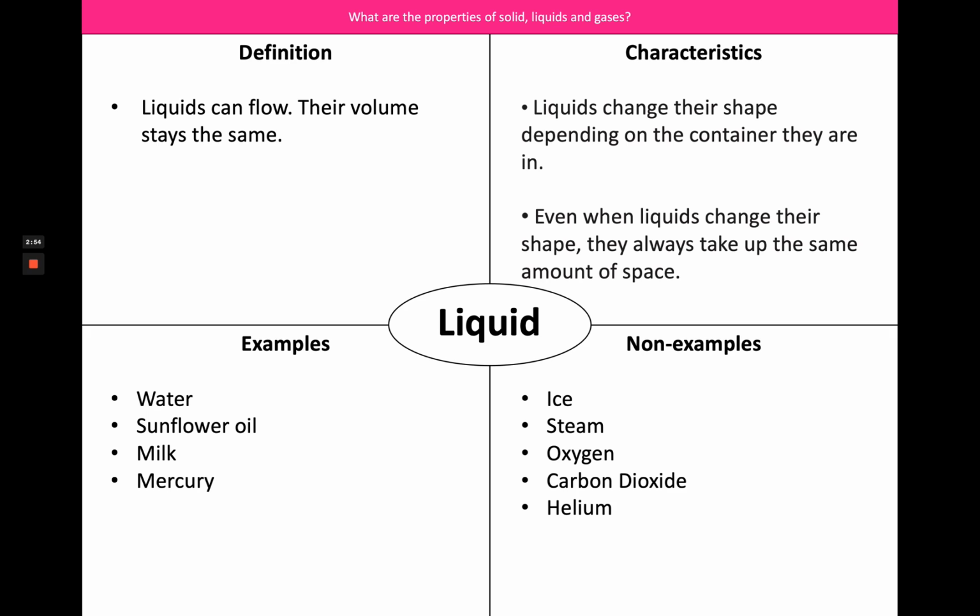Thinking about their characteristics, well, they can change their shape, and in fact they take up the shape of whatever container they are in, but they still always take up the same amount of space, or the same volume. Again, thinking of some examples, we've got water, sunflower oil, milk, mercury, and then some non-examples: ice, steam, oxygen, carbon dioxide and helium. You may not be familiar with all of those examples and non-examples, but hopefully you're familiar with enough of them to get an idea.